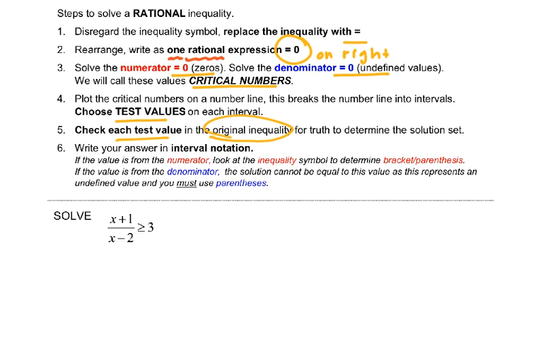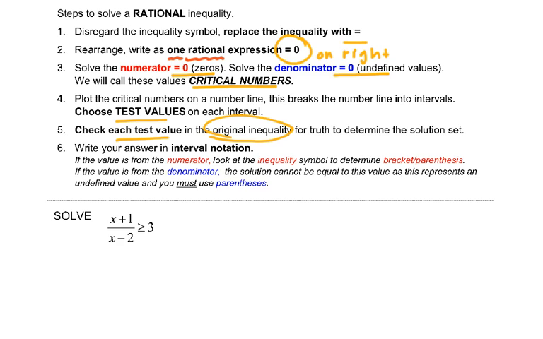If the values come from the numerator, we can determine whether or not we're going to use a bracket or a parenthesis, because we'll look at the inequality symbol. If it's from the numerator, it's a 0, and that means it can be touching. So we have to think about what the problem is asking us, greater than or equal to versus just greater than. With the equal to would be touching, without the equal to would not be touching.